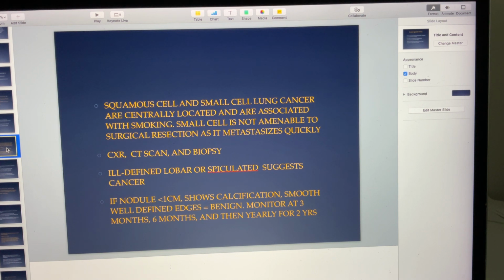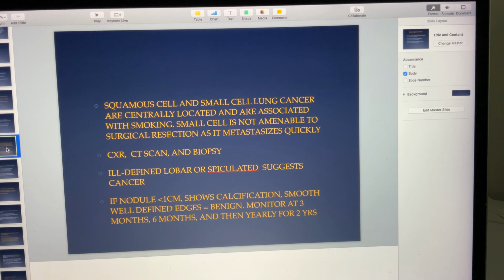Okay, in terms of diagnosis, you want to do chest X-ray, CT scan, as well as biopsy. And what you're going to see when you do the testing, you will see an ill-defined lobar or spiculated lesion, and that is suggestive of cancer.